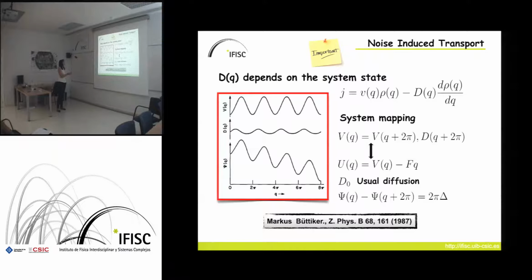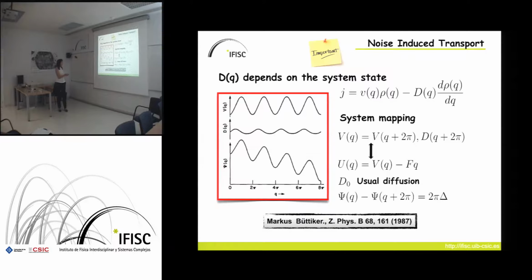They have different phases, and then in the end you can map this system, with a periodic potential and this diffusion factor, onto a system with the periodic potential that we considered at first, plus some driving force.